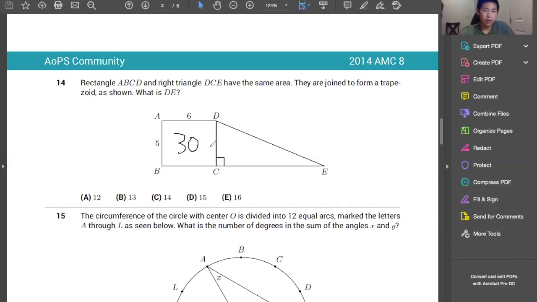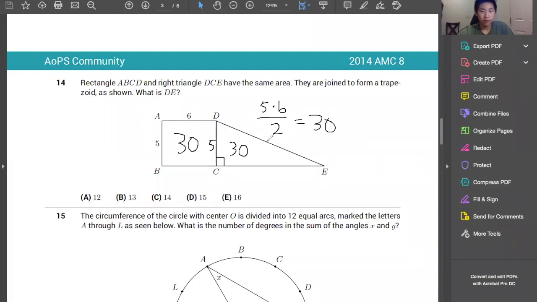And since it's a rectangle, the opposite sides must be equal. And we also know that the triangle has the same area as the rectangle, also 30. So now we can say for this triangle, if you see 5 as the height and CE as the base, 5 times the base divided by 2 equals 30.